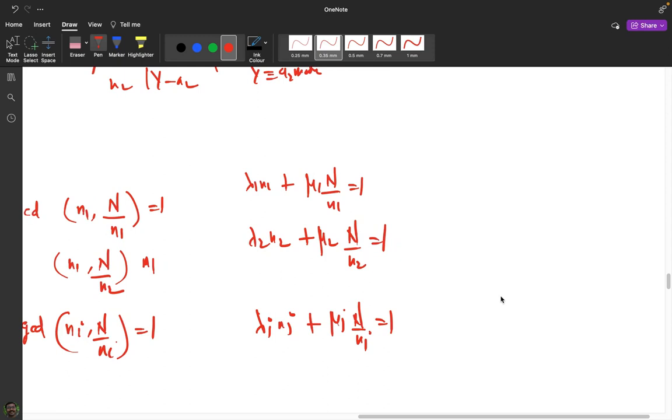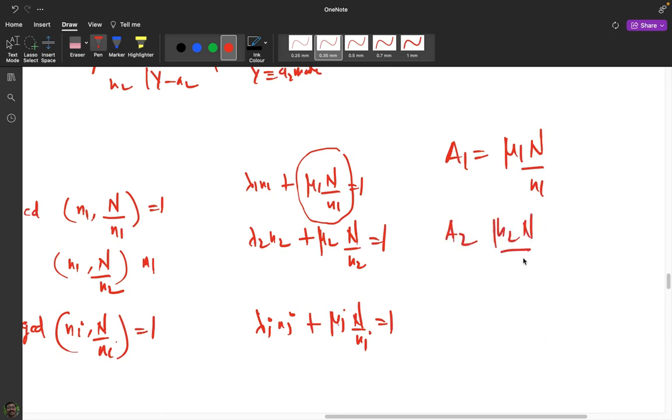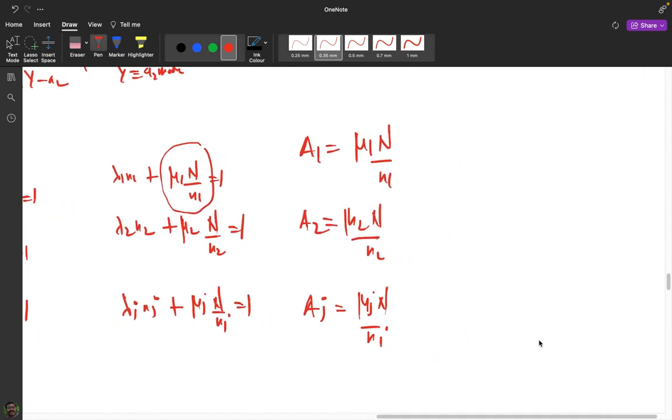So these numbers will be key to my solution. I define a1 equal to mu1 n by n1, a2 equal to mu2 n by n2, and like that, aj equal to mu j n by nj. Okay, what can you say about a1 and n1? You know that lambda 1 n1 plus a1 is equal to 1, right?